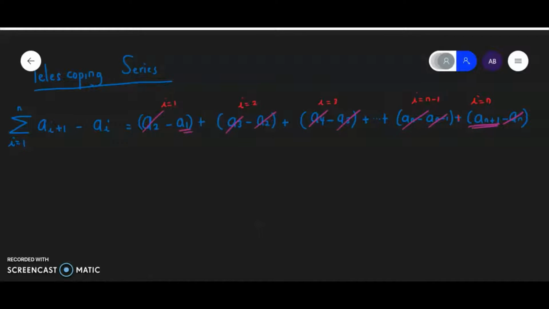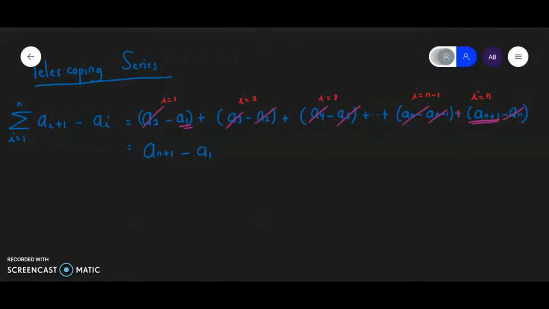That will leave you with a_(n+1) minus a1. This is called the telescoping series. This type of series can be easily calculated since many terms cancel out, leaving only a few terms. Let's look at one example.